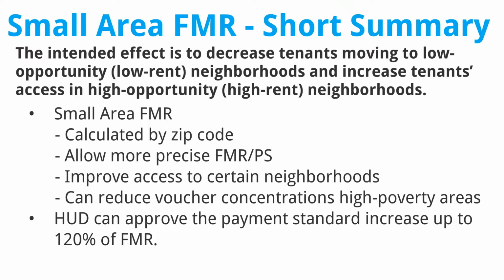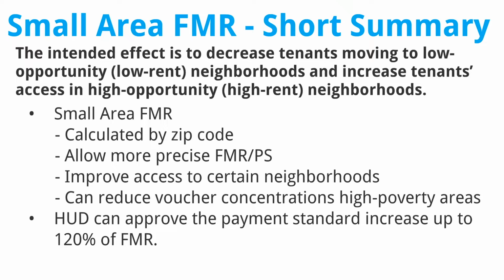In addition to the small area FMR option, or for PHAs that are not in an area with a published small area FMR, they may request HUD approval of payment standard amounts higher or lower than the established FMR for designated parts of the FMR area. We call these exception areas or exception payment standards.